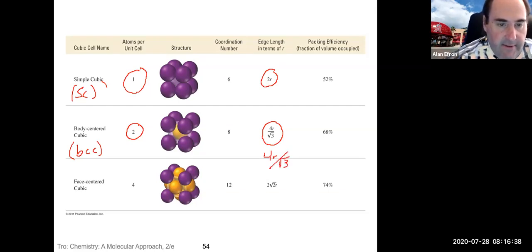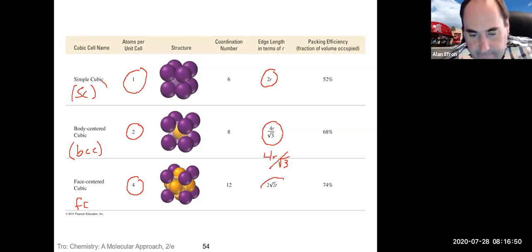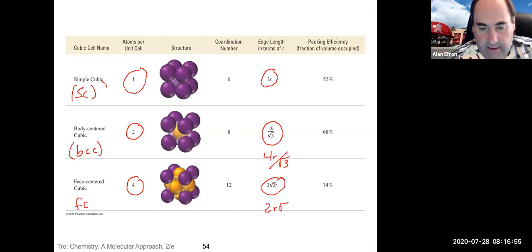And the last type of cubic cell we'll deal with is face-centered cubic. Face-centered, as you can see, has 4 atoms involved, and the edge length is calculated as 2r times the square root of 2. So those are the important numbers.